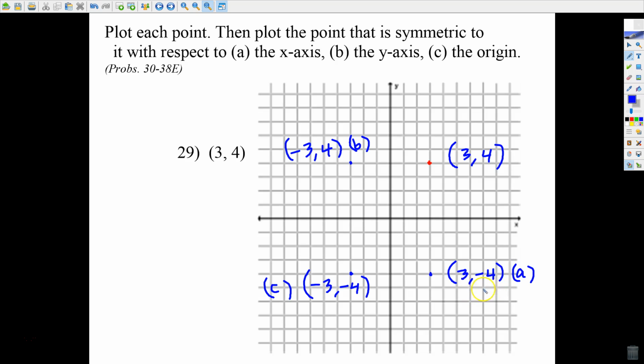The y. Kind of interesting. It's the opposite, right? And when I went back to this same original point and I created y-axis symmetry, what changed? The x. It became opposite. And then when I went from original to origin, what changed? Both. They both became opposite.